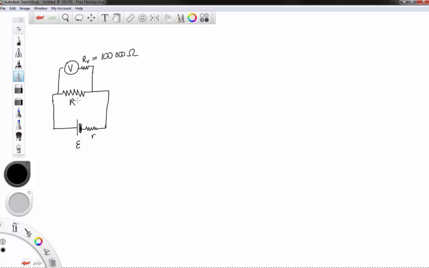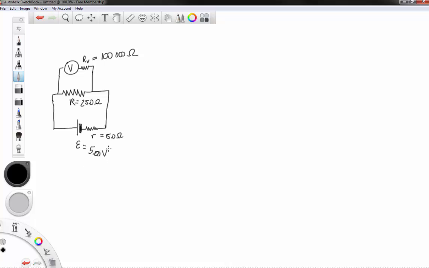We're looking at a circuit that originally had a 25.0 ohm resistor here and an internal resistance of 5.0 ohms, and we're assuming the EMF of the battery is 5.00 volts.